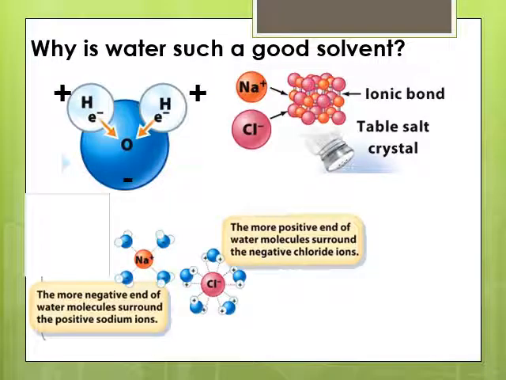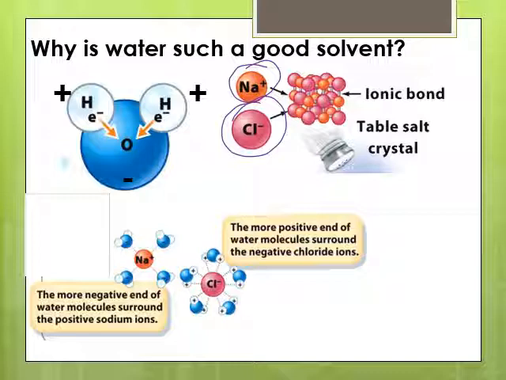Okay. So when you're looking at something like salt, if we want to make salt water, right? So we have H2O, our water. Table salt is made up of sodium chloride. So we have sodium up here, chloride over here. Sodium is positive, chloride is negative. They have an ionic bond together.